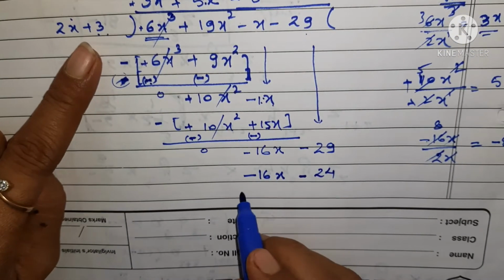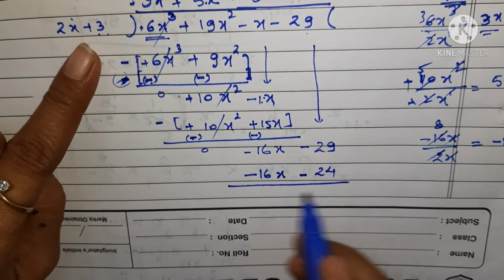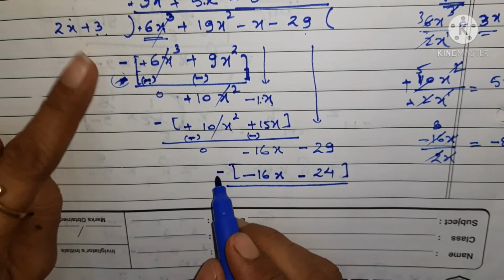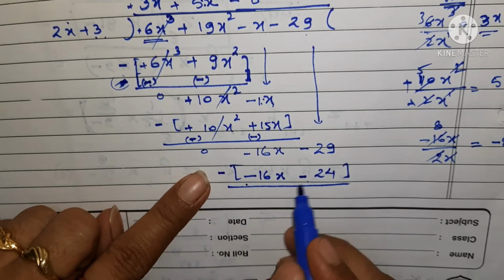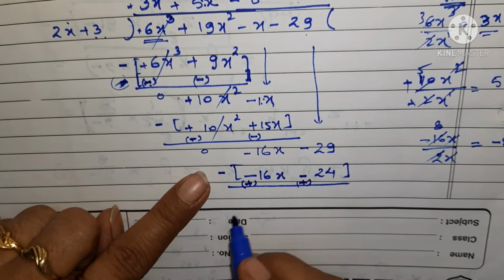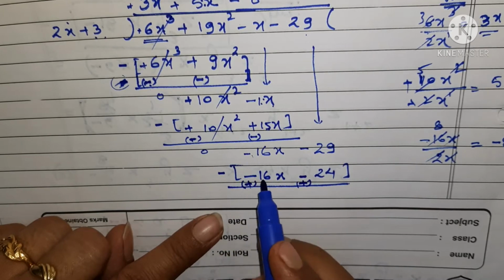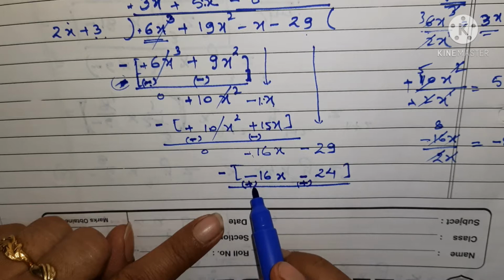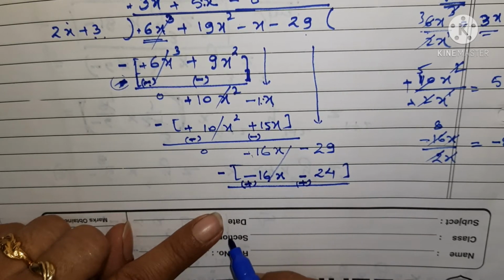Okay, now let us solve again. Just put here minus sign, you have to subtract, and since subtraction is here, the sign inside the bracket changes, it becomes plus, this becomes plus. Now let us see the sign of these two. Both the signs are different, it means they are going to cancel out.